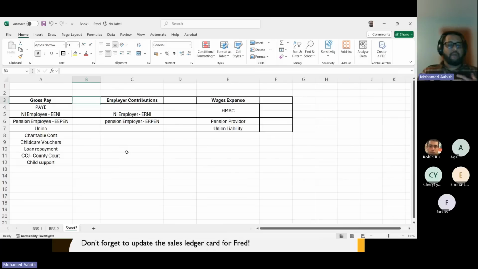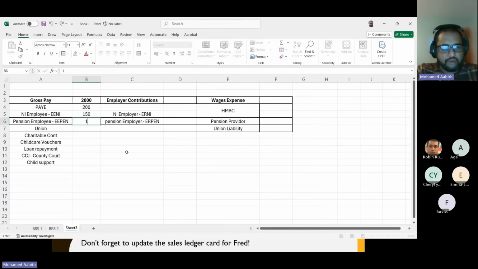A gross pay for the employee, for example, was say 24K for the year. So per month is £2,000. Here you have £1,000 tax-free allowance. Take that away, 20% on the rest is £200 tax, £150 your national insurance, pension you pay say £130, and you pay £20 to your union.